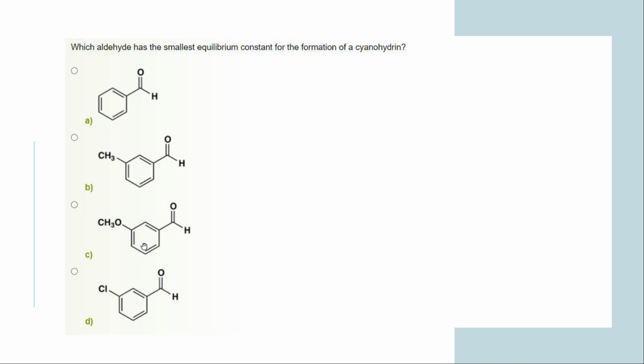In option A, the phenyl ring is completely unsubstituted, and in option B, you have a meta methyl substitution. In option C, you have a methoxy substituent at the meta position of the aldehyde functionality. In option D as well, you have a chloro substituent in the meta position of the aldehyde.